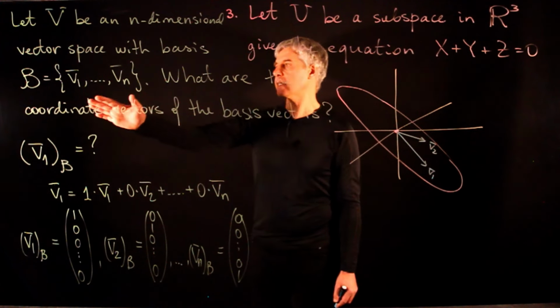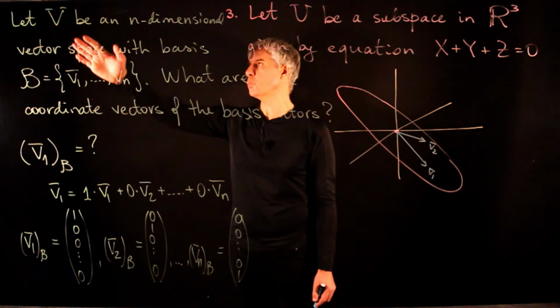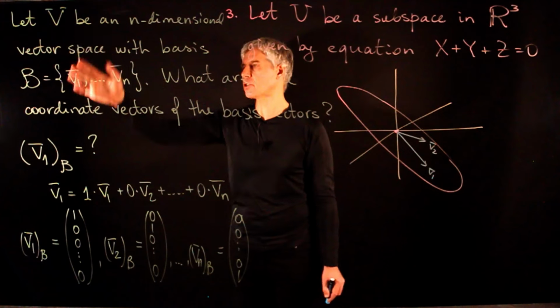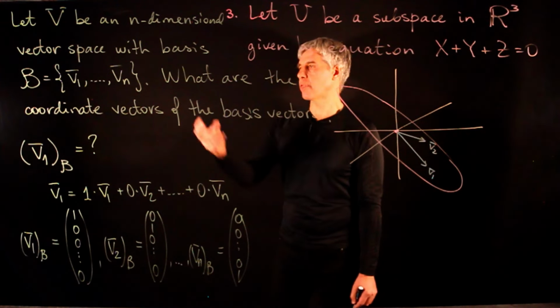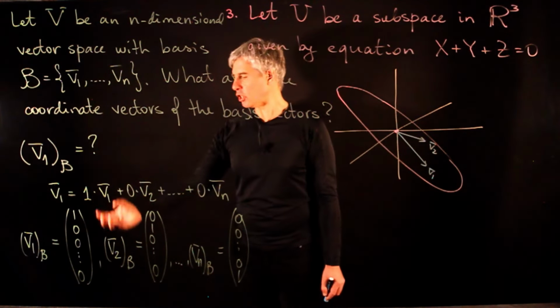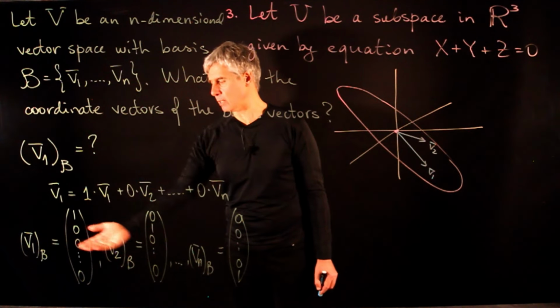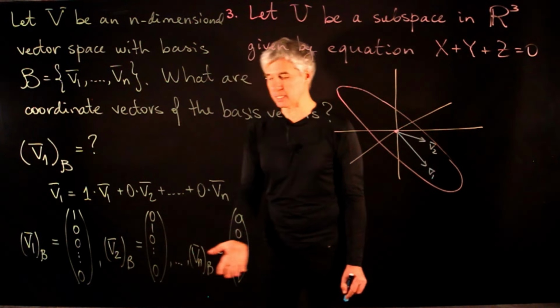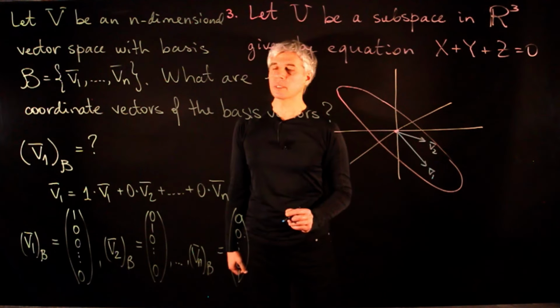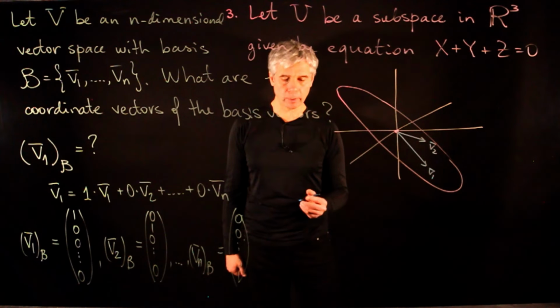So what this tells us is that when we choose a basis in the vector space and start working with this coordinate system, then essentially we can interpret these basis vectors as the standard basis vectors. This conclusion may be interpreted in the following way.